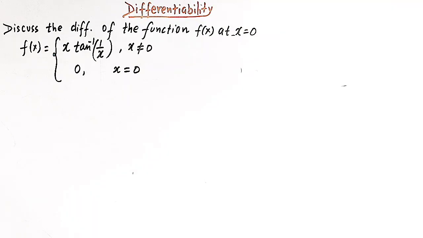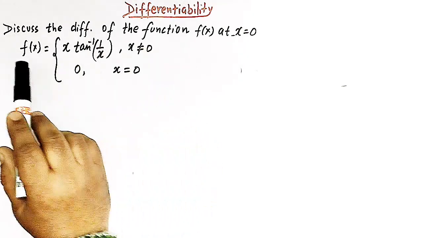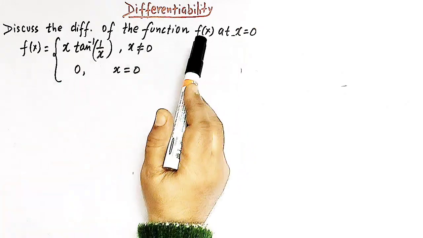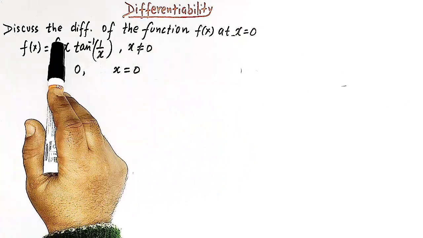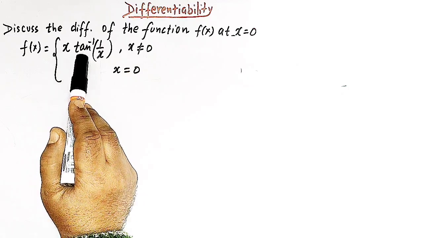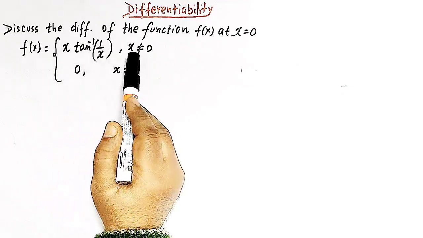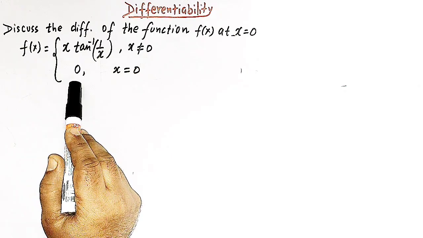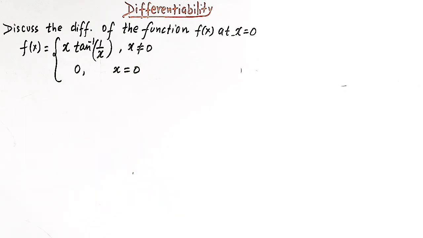Hello viewers, in today's session we are going to discuss another important problem from differentiability of functions. So in this class we are going to discuss the differentiability of this function f of x at this point x is equal to 0, where f of x is defined as x times tan inverse of 1 over x, where x is not equal to 0, and f of x is equal to 0 when x is equal to 0.